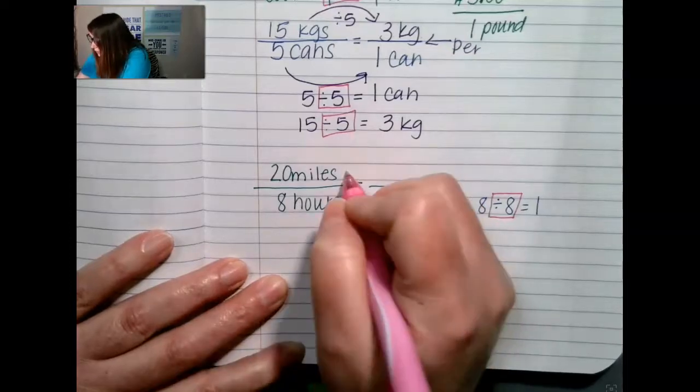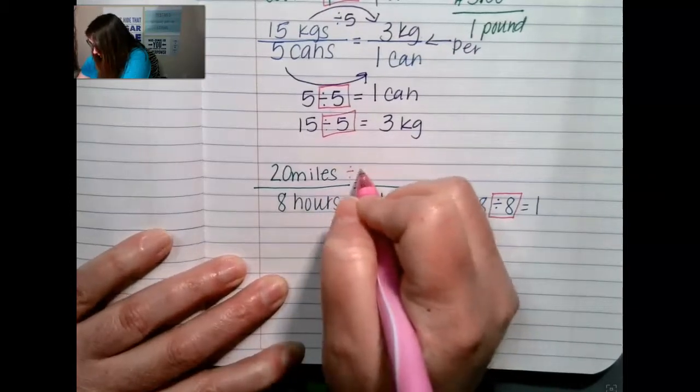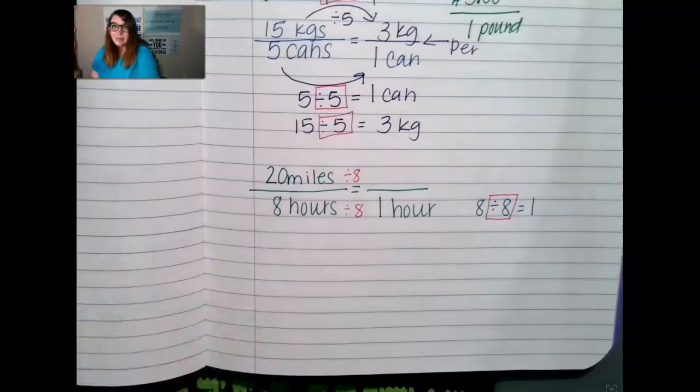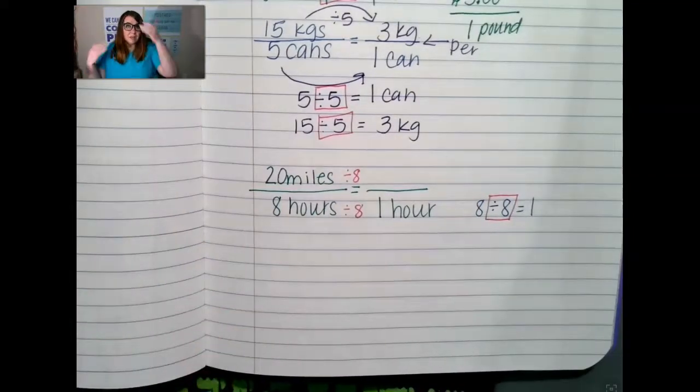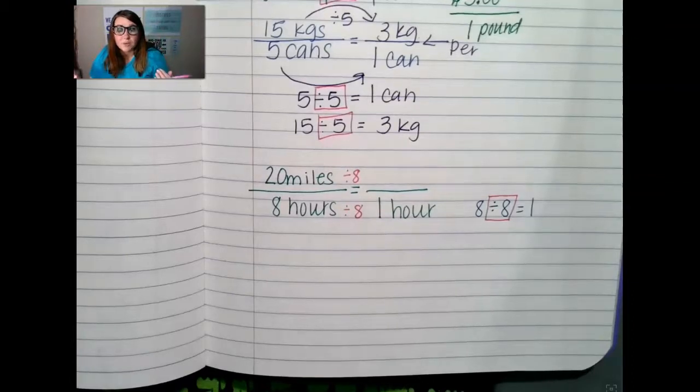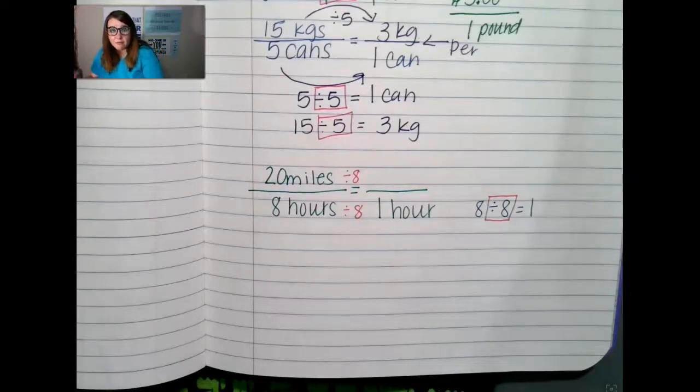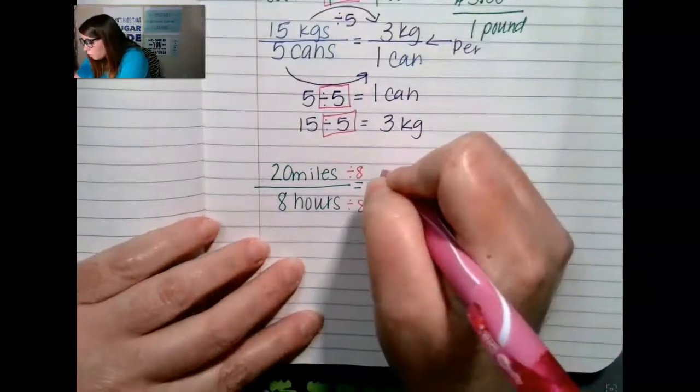Now that's a really weird one, right? Because that's not an even ratio or an even number. Like, we know that 20 divided by 2 would give us 10, or 20 divided by 10 gives us 2, right? So 8 would give us a decimal, and that gives us 2.5 miles for every 1 hour.